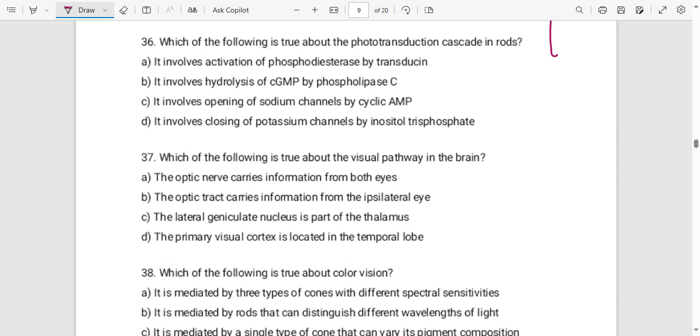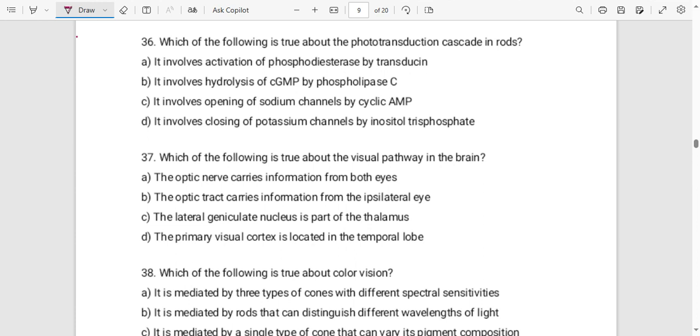Do you want to explain why? Okay. So what is happening is that in the dark, the rods are the ones that are more active, and the cones are less active, right?